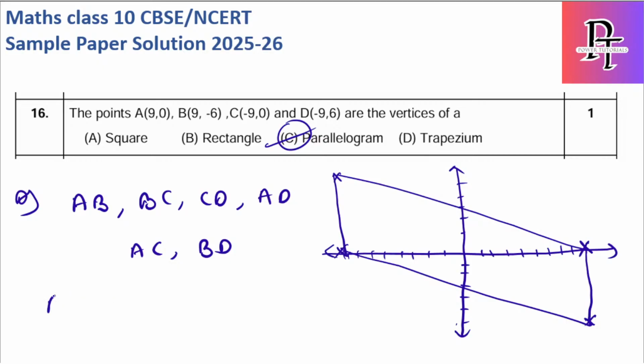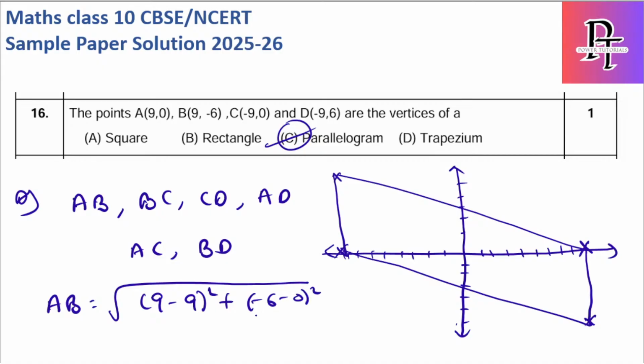So first AB, the distance formula for 2 points is root of x2 minus x1 whole square plus y2 minus y1 whole square. So here it is 9 and 9. So 9 minus 9 whole square, y2 minus y1, which is minus 6 minus 0 whole square. So the 9 and 9 get cancelled out. So simply it is root of 6 square, which is 6. AB value is 6.